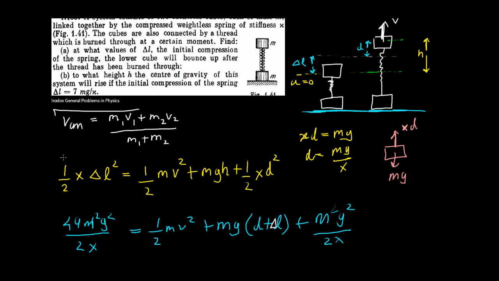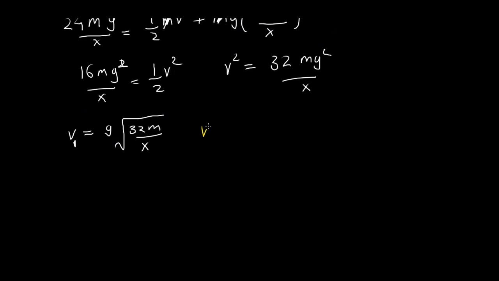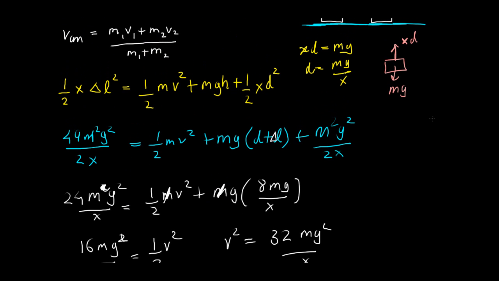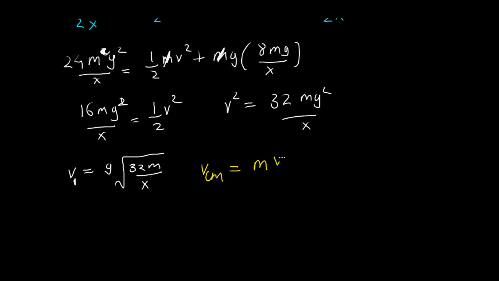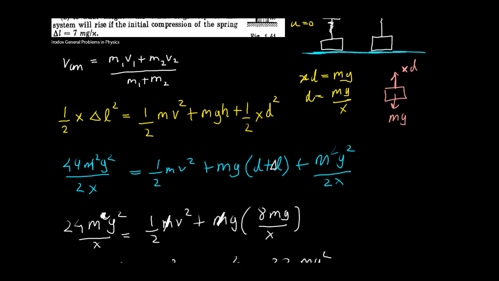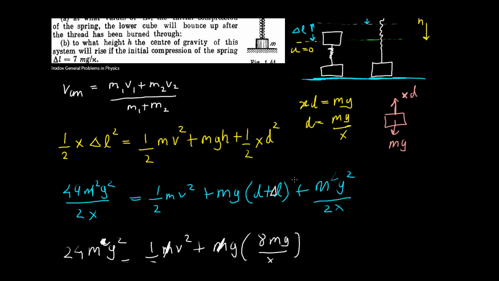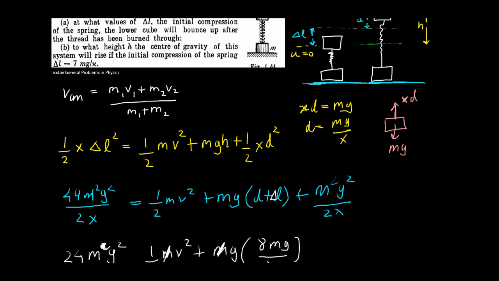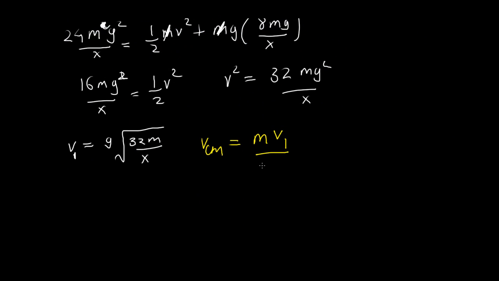According to this equation, which I'll prove in a later video, what is the velocity of the center of mass? It will be m1 v1 plus m2 v2 over m1 plus m2. m1 is m, and v2 is 0, remember, this block has no velocity, so that term disappears. Both blocks are of the same mass, so it's m v1 over 2m, which is nothing but v1 over 2.